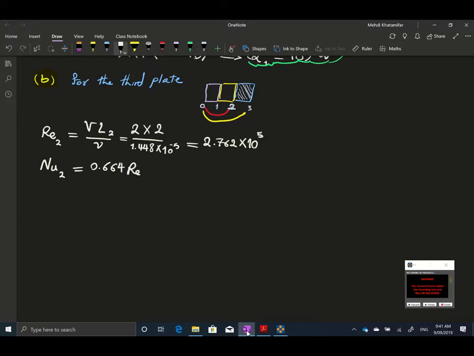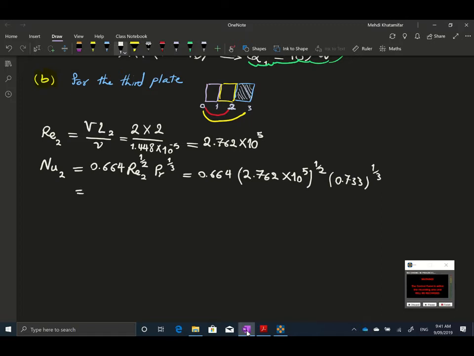Let's find Nusselt number for from 0 to 2. 0.664, Reynolds number to the power half, and Prandtl number to the power 1/3. 0.664, Reynolds number I just found, 2.762 times 10 power 5, power half, and Prandtl number was 0.733, power 1/3.